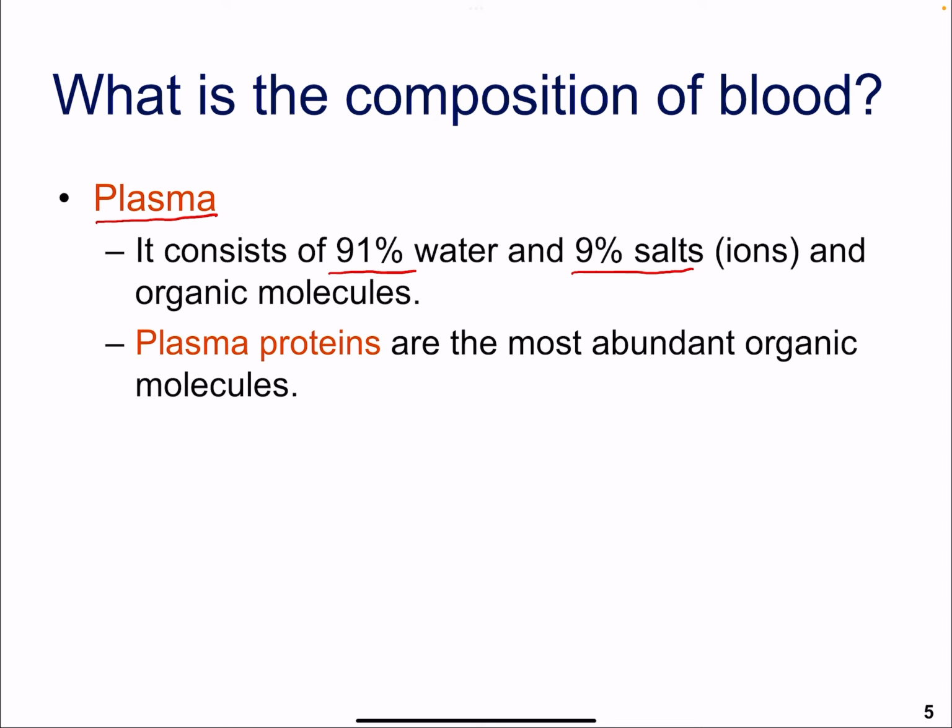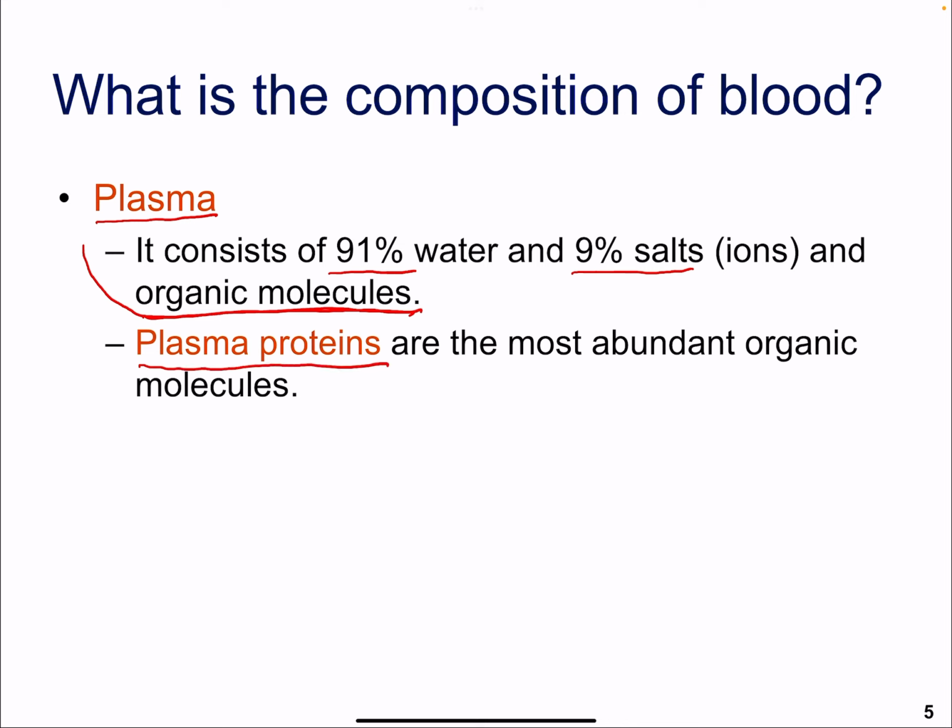You can think of calcium, potassium, sodium, magnesium, you name it, right? But also, in addition to salt, you are going to have a lot of organic molecules, including sugars, amino acids, right? Proteins, okay?